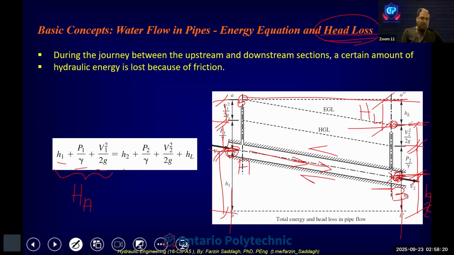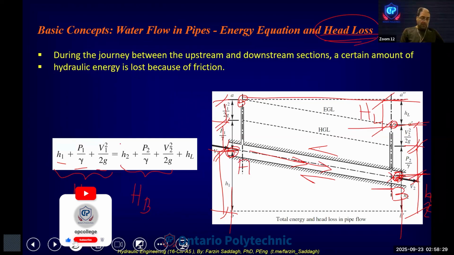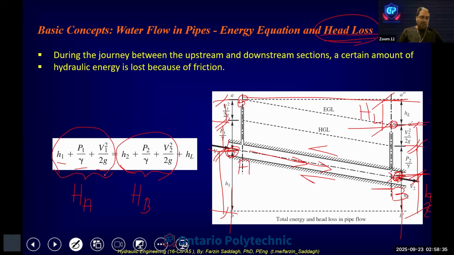So if we calculate the energy at the second point, point B or point 2, the amount of energy at point B is always less than the amount of energy at point A, and the difference is head loss. So we can write HA is HB plus HL.